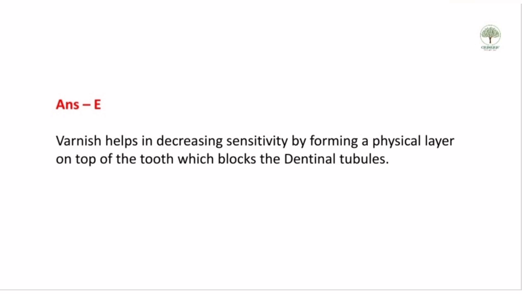The varnish helps in decreasing the sensitivity of the tooth by forming a physical layer on the top of the tooth which blocks the dentinal tubules. Hence, when a zinc phosphate cement is put which has phosphoric acid, it is less irritating or there is no damage to the pulp.